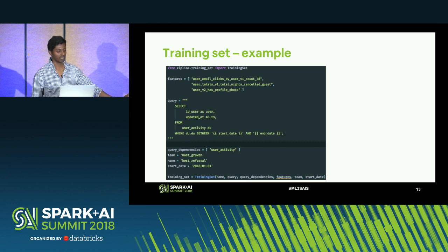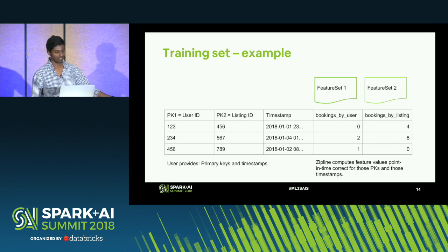And you also provide other things like dependencies, what's the team, what's the name of this model, what is the start date for this training set, et cetera. Right? This is how it actually kind of looks like. The first three columns are what's produced by the training set. So it provides what the primary keys are, and Zipline automatically figures out where to pull the feature sets and how to join them with point-in-time correctness.